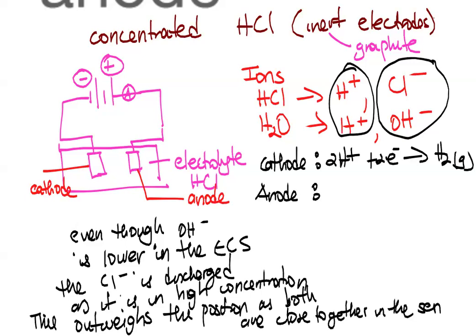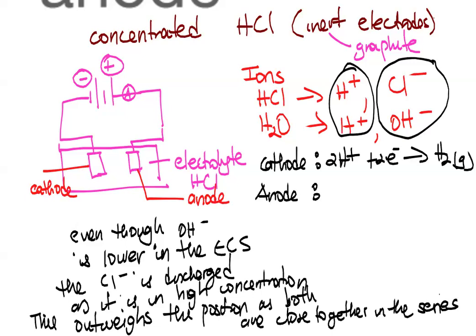Do you remember this from last week? Did I say that? Did we not have this discussion already? I know OH minus is lower, but Cl minus is going to be discharged here. Why? Because it's higher in concentration.